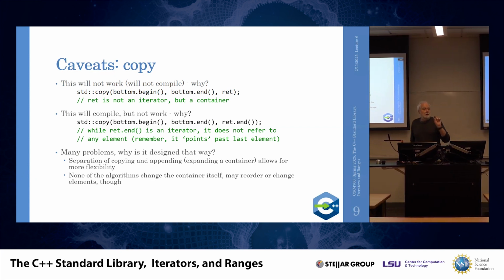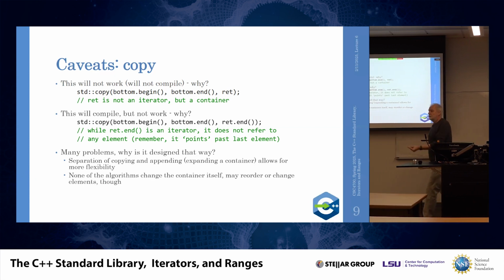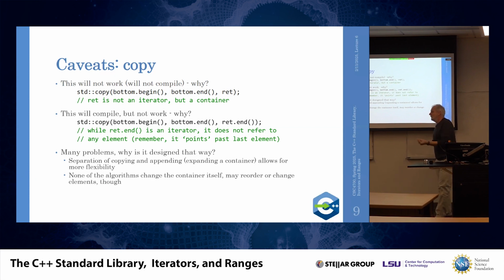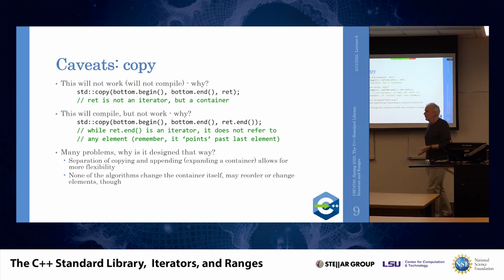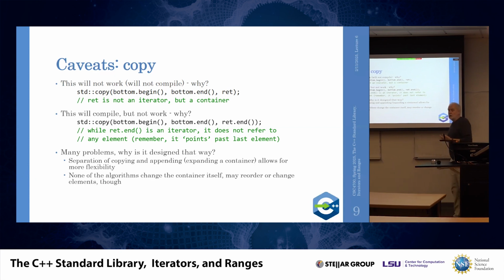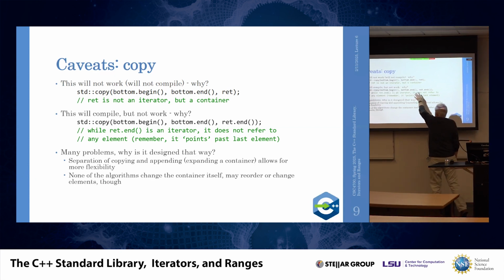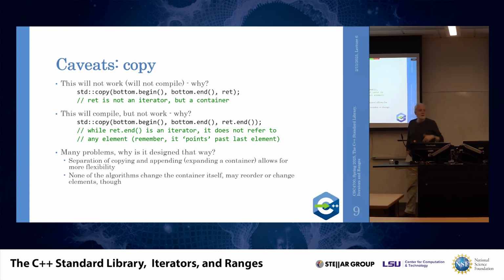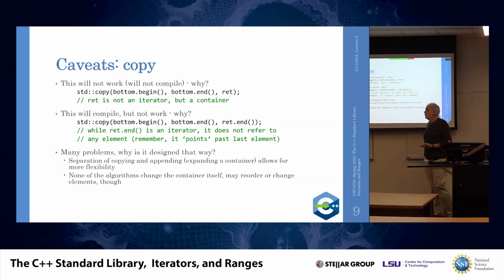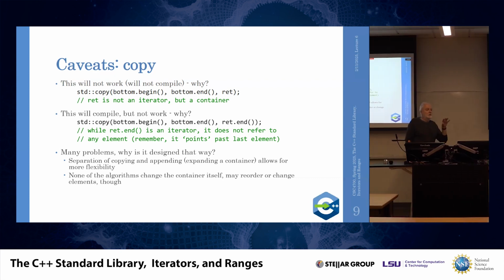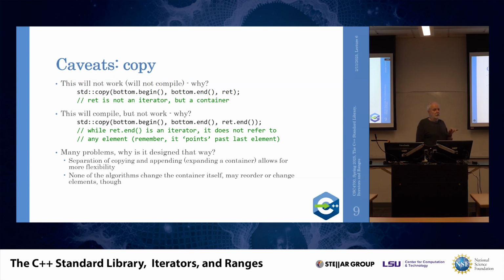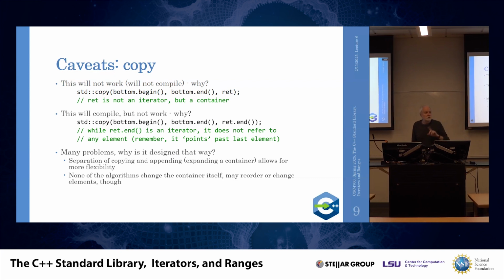They might rearrange the order of the elements, or they might change the elements themselves, but they will never change the container. They will not remove things from the container. They will not add things to the container, which is an important notion. And if this was working somehow, then that would imply that copy actually can do something to the container, which it doesn't. The back-inserter we were using was a special iterator which was changing the container, but copy itself didn't do anything to the container.